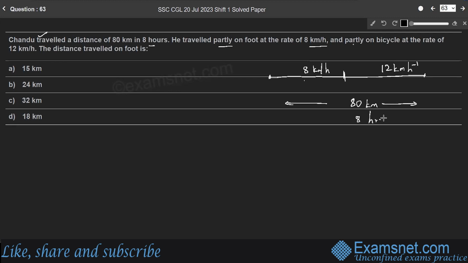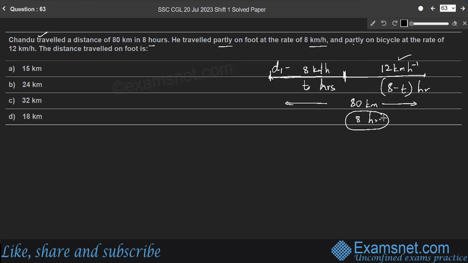Let T be the time taken by him, or you can consider it as X, anything. So T hours is the time Chandu takes to travel on foot at 8 km per hour. The remaining distance he traveled on bicycle at 12 km per hour, for which he takes 8 minus T hours, because he took 8 hours in total.